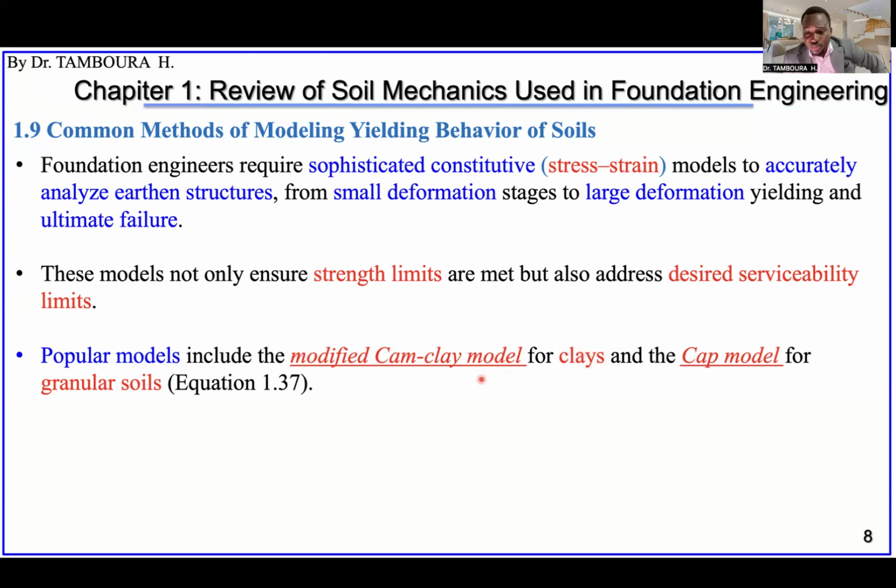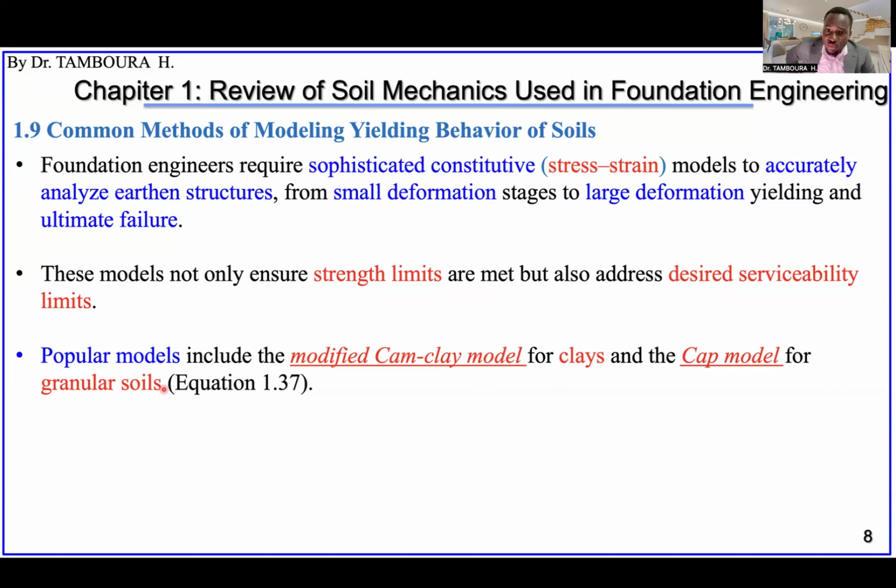And this one, the cap model, is also famous for granular soil, meaning sand or gravel. But please remember, there are a lot of models, many models.